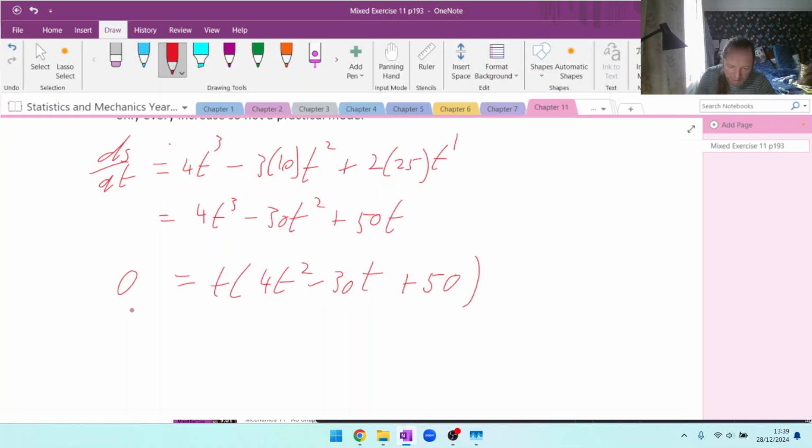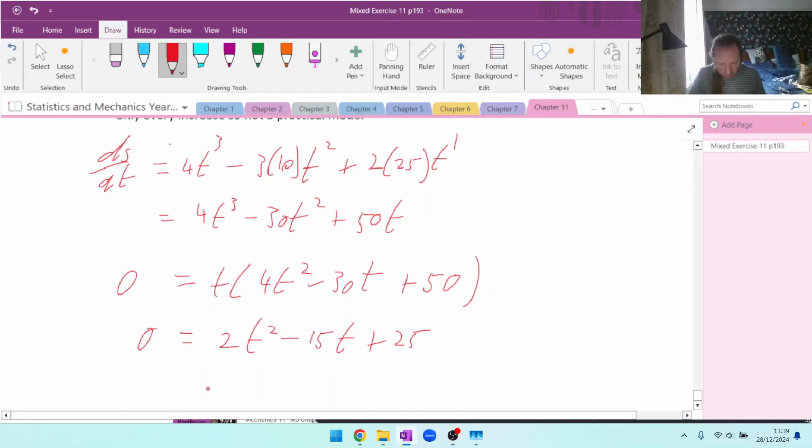I suppose we should take a 2 out of that as well. So 0 equals, let's divide it all by 2 and t, we end up with 2t squared minus 15t plus 25. Now we can put that into the solver. One of these will be 5 or something, I think.